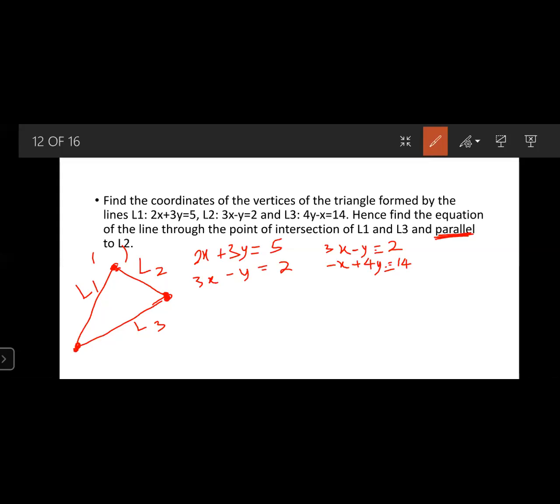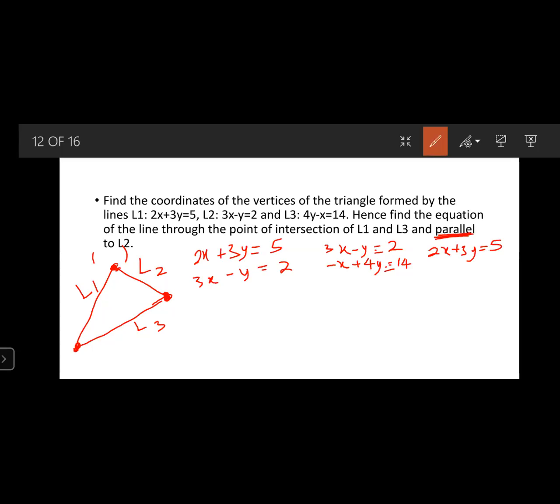Then to get the last one, you can solve L3 and L1. What do we have in L3? In L3, I have 4y minus x equals 14. In L1, I have 2x. If I need to solve that, if I write L1 first, it doesn't matter. If I'm writing L1 first, 2x plus 3y equals 5.